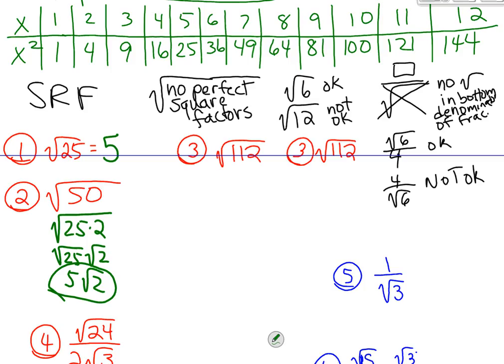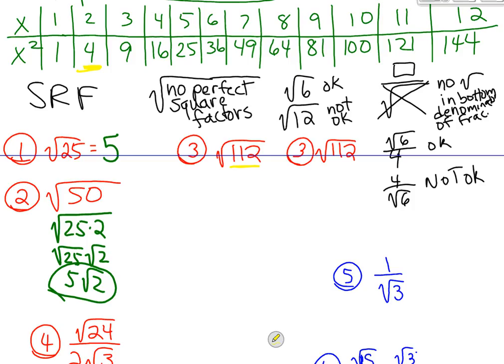You'll notice for this next one, number 3, which is the square root of 112, I did it two ways. Sometimes if I just show you one way and you don't approach it that way or notice what I am going to tell you, it gets a little hard for you to find the answer. So take your calculator right now and divide 112 by 4 and see if it divides evenly.